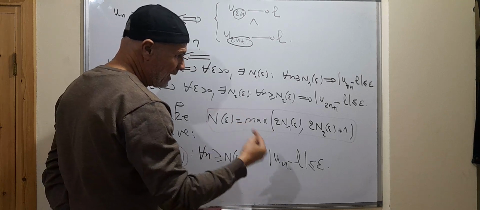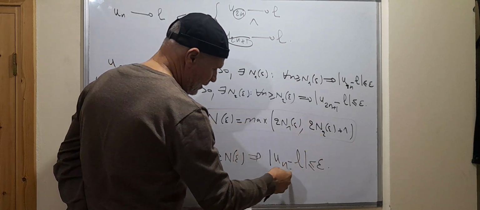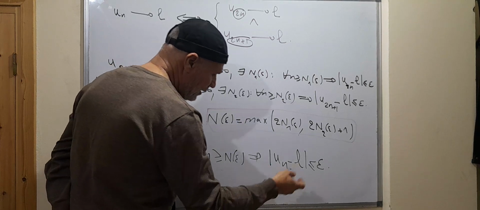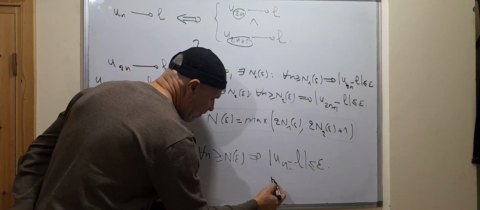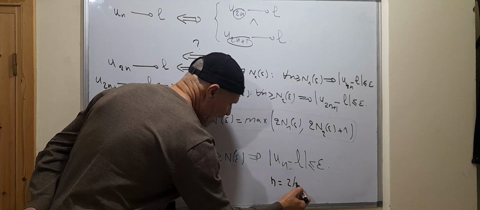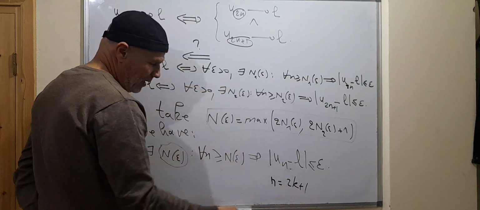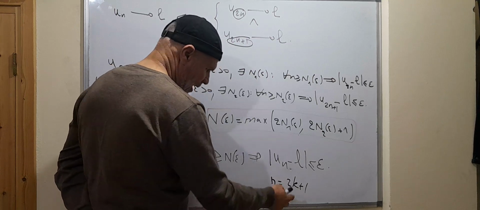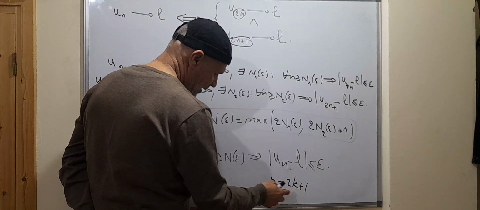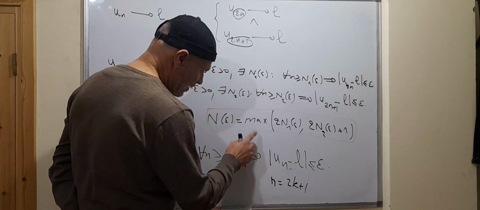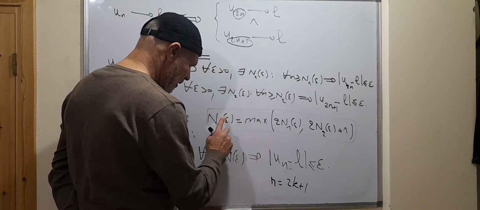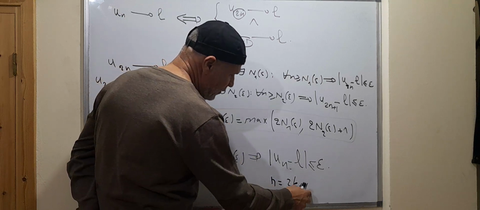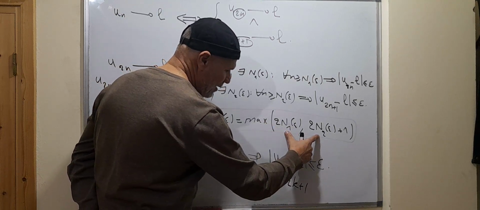Then if n is odd, n takes the form 2k plus 1, k belongs to N, and since n is greater than N(epsilon), this means that 2k plus 1 is greater than this.